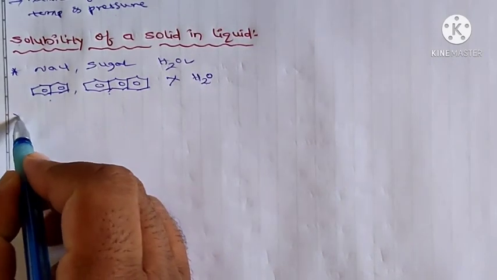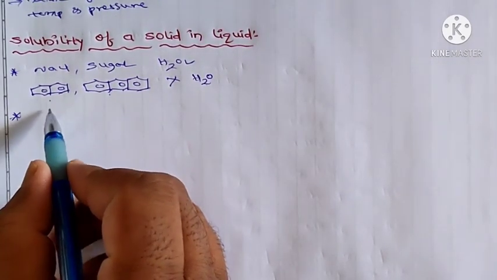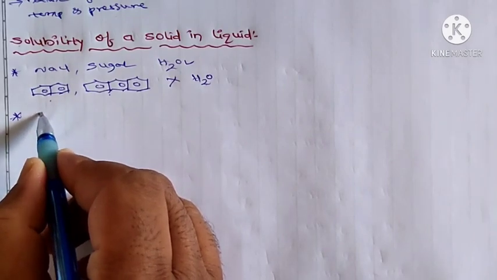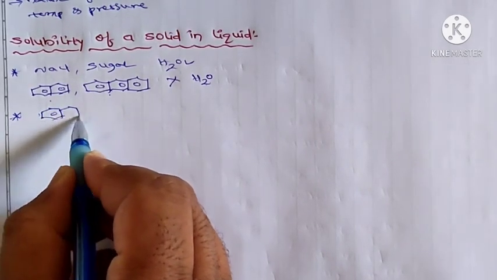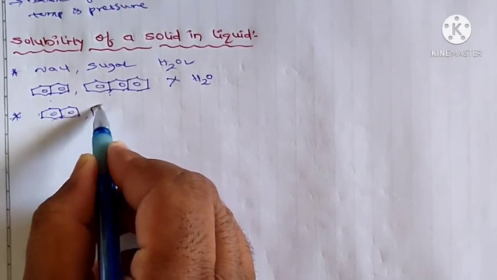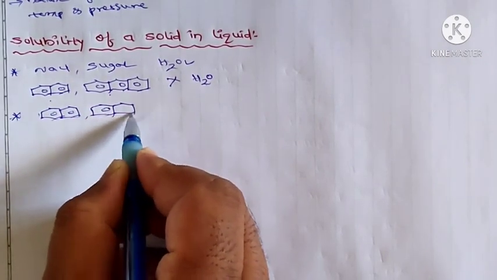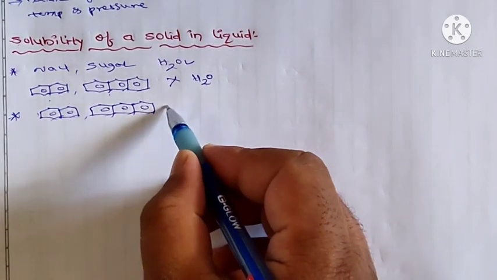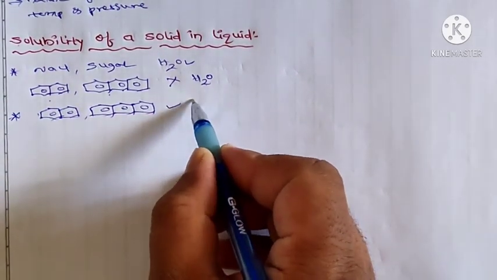And here the naphthalene and anthracene dissolve in benzene.